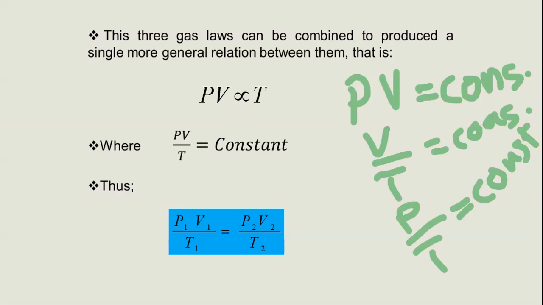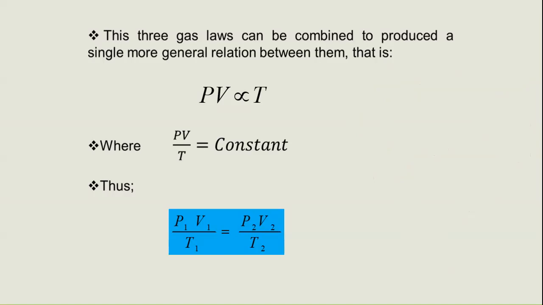Here what we can get is that PV is directly proportional to temperature. When you multiply pressure and volume, the number that you get is directly proportional to the temperature, right? And by just manipulating the equation, you will get PV over T is equal to a constant.